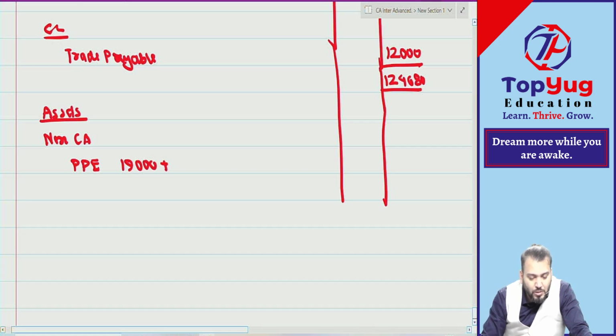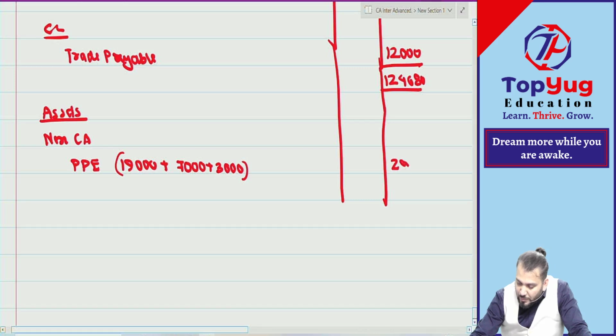Then motor car totally gone. Fixture, how much? 7,000 plus 3,000, na. 7,000 was already available in the books. So 7 plus 3, how much? It becomes 29,000.